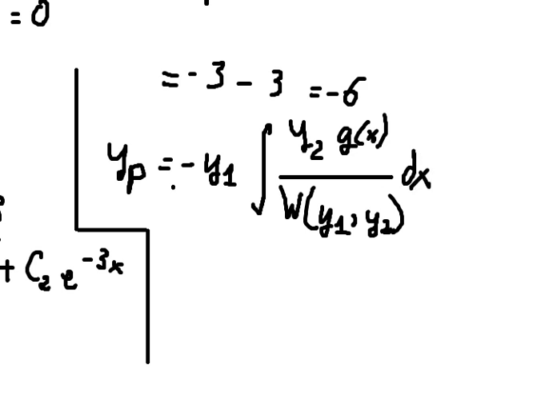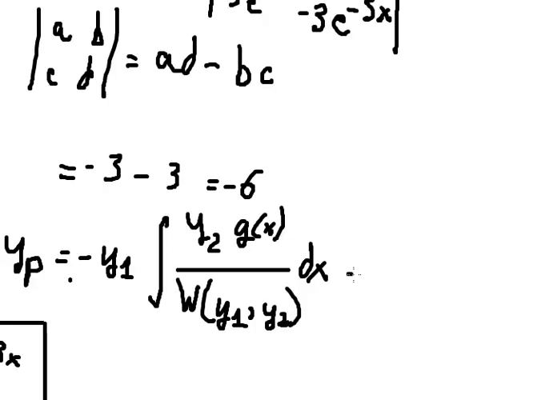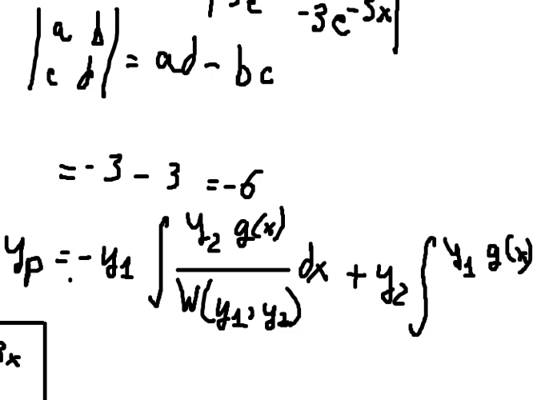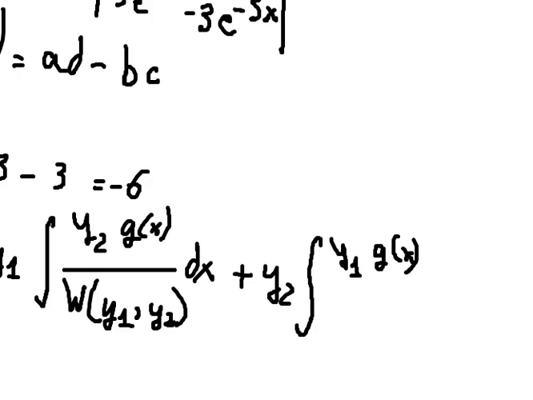And then we have y number 2, and we have the integration of y number 1 gs over the Wronskian of y number 1 and y number 2.